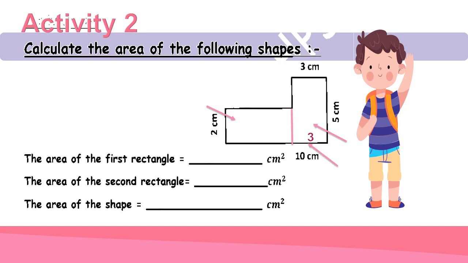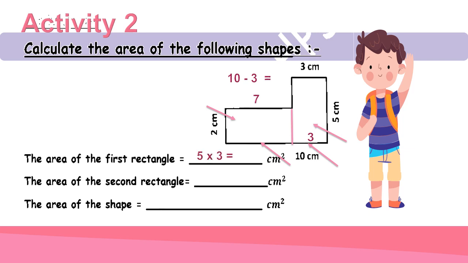So what is the remaining of 10? To get the length of the other side, it will be 10 minus 3 equals 7. So the length of the other rectangle equals 7. 10 minus 3 here equals 7. Now I can get the area of both of them.